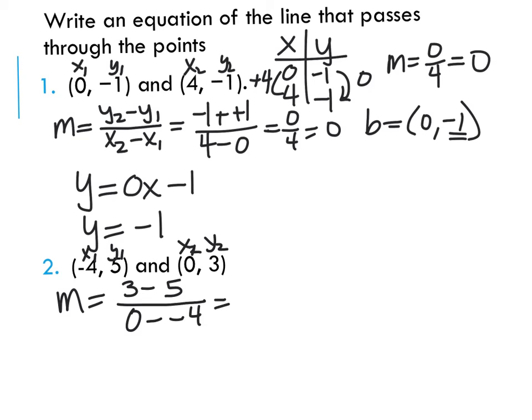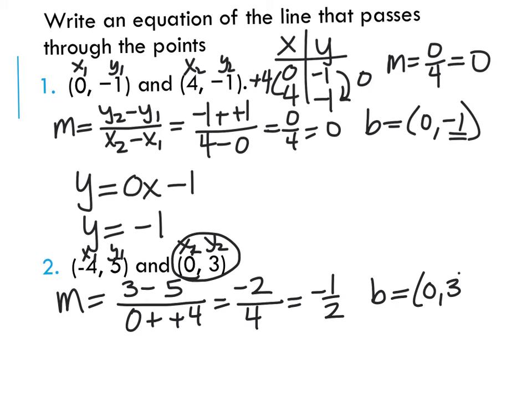Don't forget that negative. 3 minus 5 is -2. 0 plus 4, because I need to add the opposite, is a +4. So I get a slope of -1/2. This time, this guy is my y-intercept, because that has the 0 in the x spot. So my equation is y equals -1/2 x plus 3.